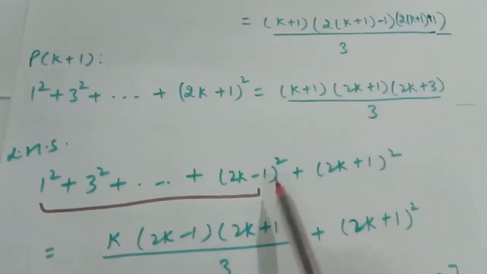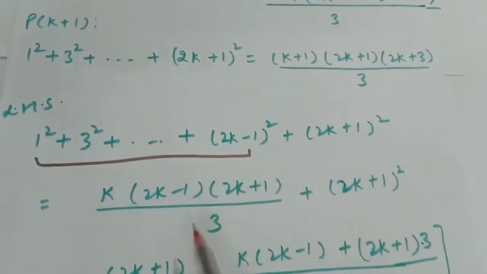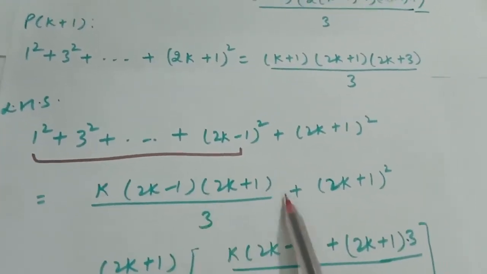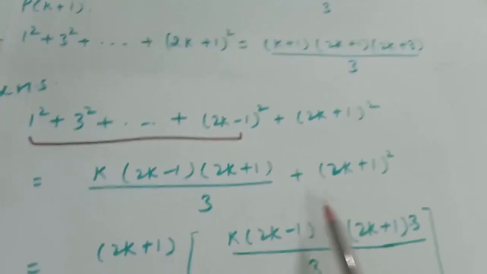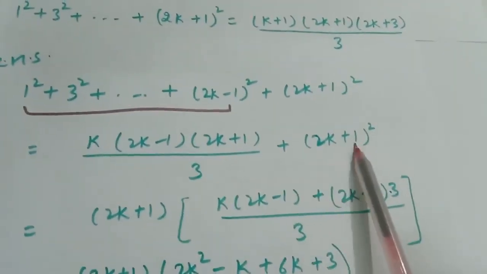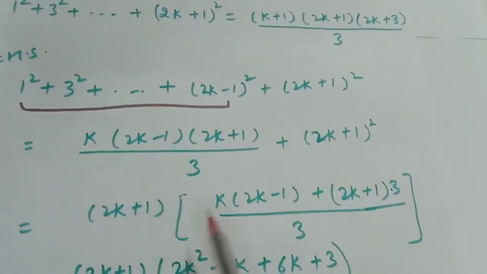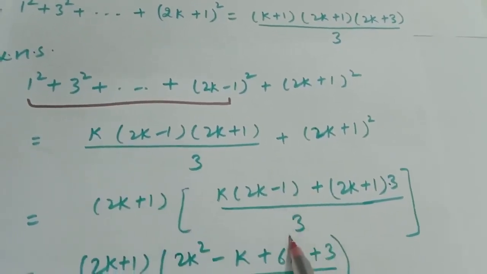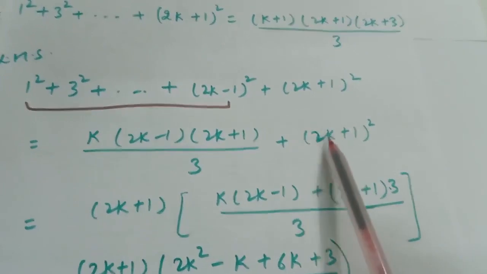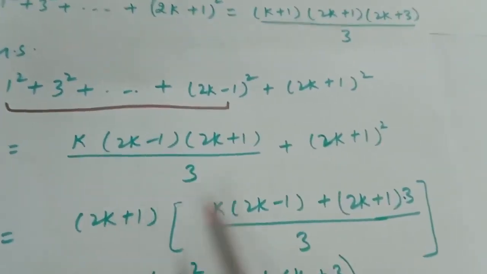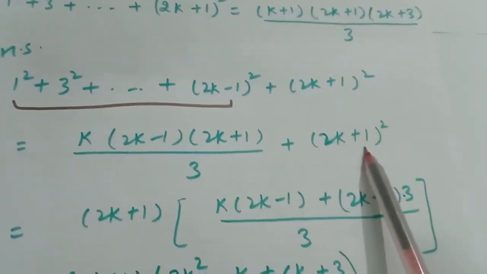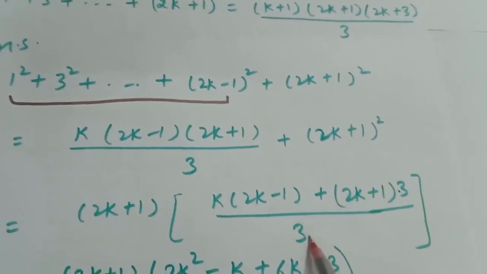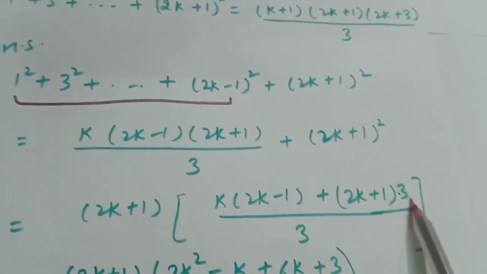Now up to here, up to kth term, we have assumed the result is this, plus the k plus 1th term. From these terms, we can see 2k plus 1 is common. Take it out. The left term will be k into 2k minus 1 upon 3 plus, from here we have taken 2k plus 1 common, so the left term will be 2k plus 1, and we have taken LCM, therefore multiply this term with 3.